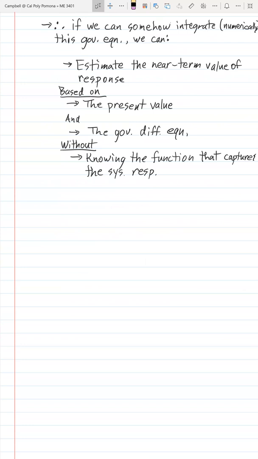So how do we do that? And we'll see that shortly in the mathematics. But you can see how we might approach it.